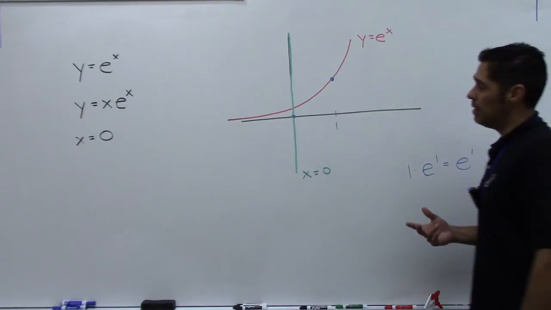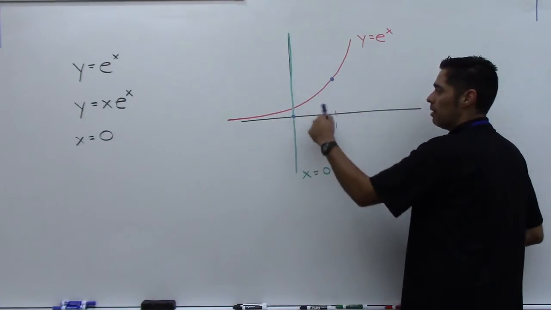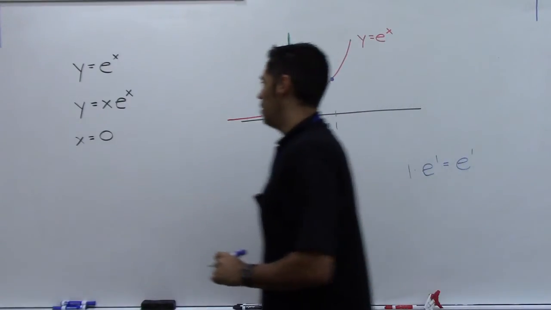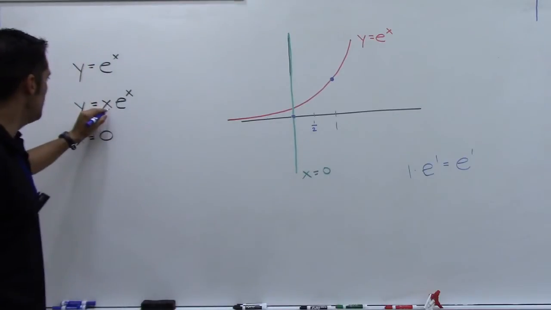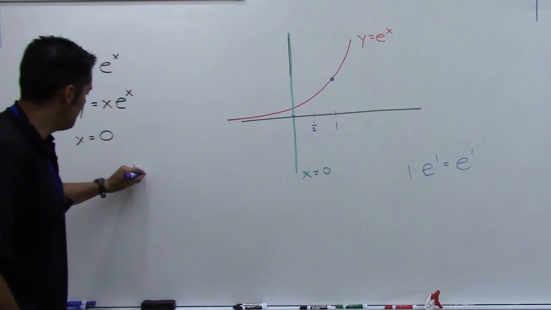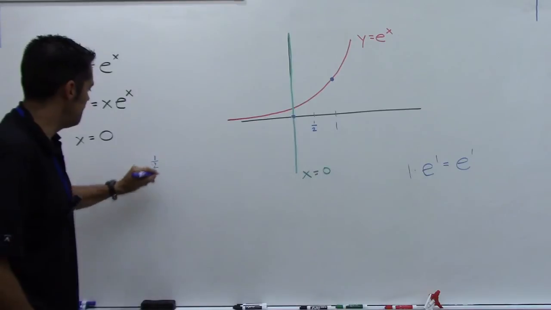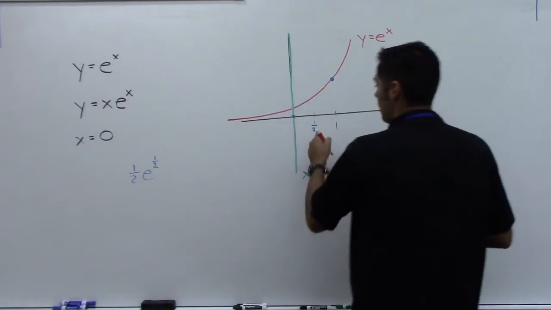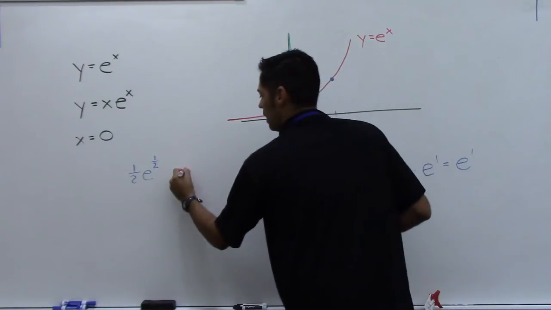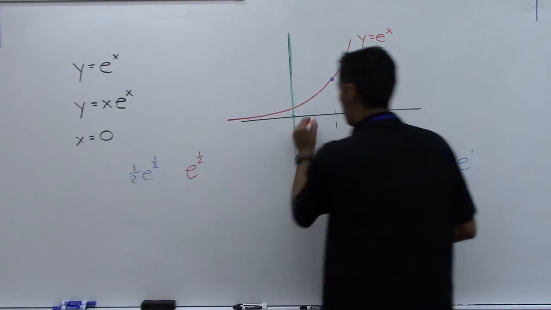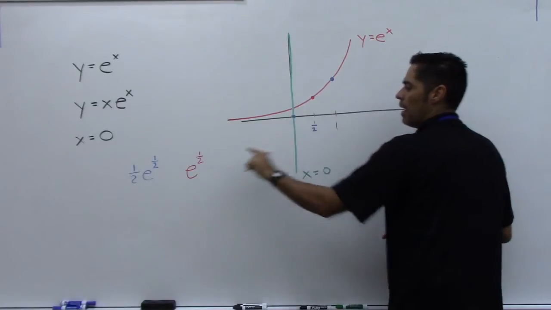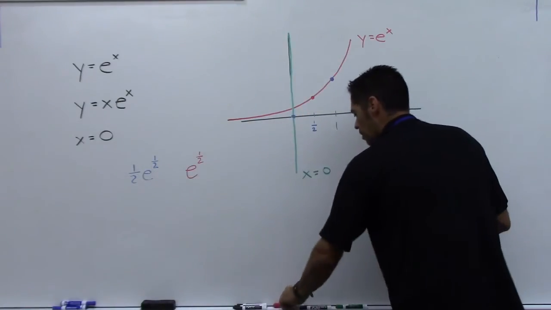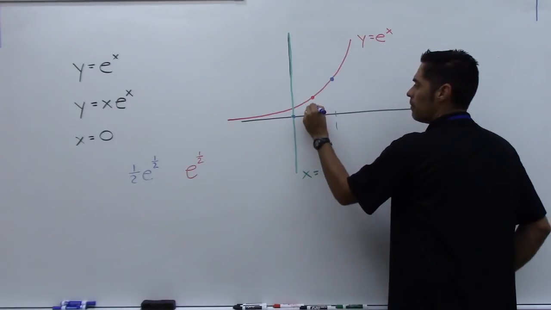Now, the question to me would be, what's happening in between? What if you did 1/2? If I plug in 1/2 into this, I get 1/2 e to the 1/2. If I plug in 1/2 into the red one, I would get e to the 1/2. So at 1/2, the red one's up here, and the blue one is half of that, so we're half as high, which means my graph is right here somewhere.